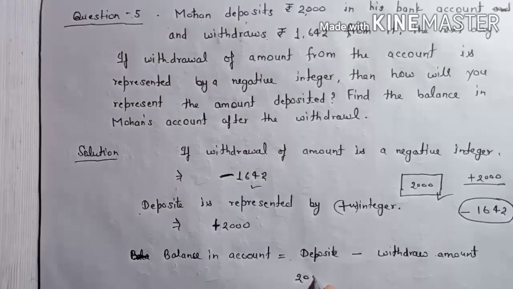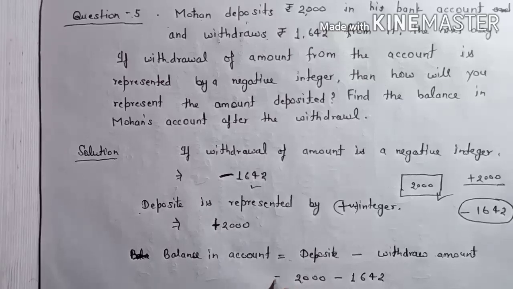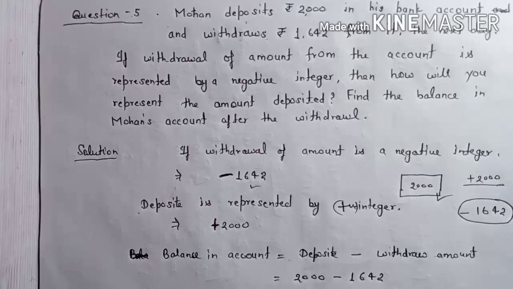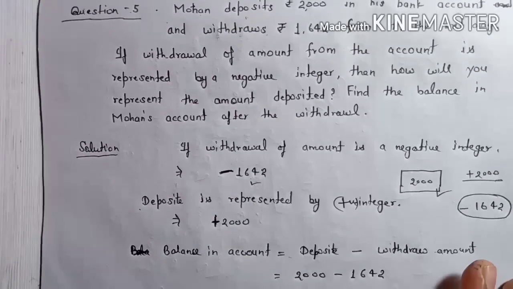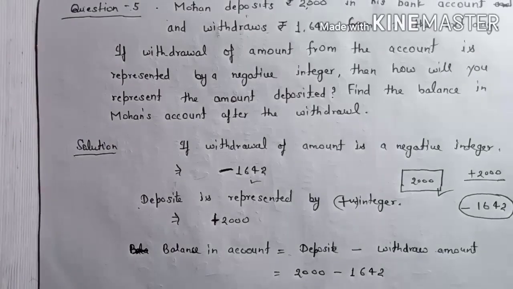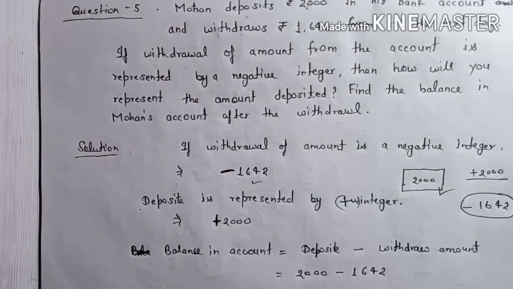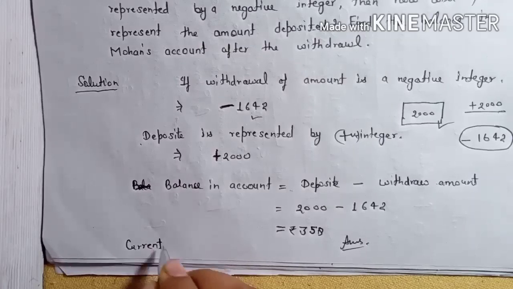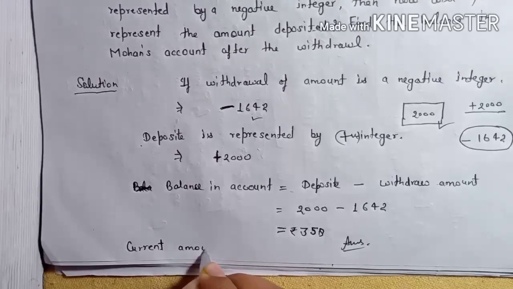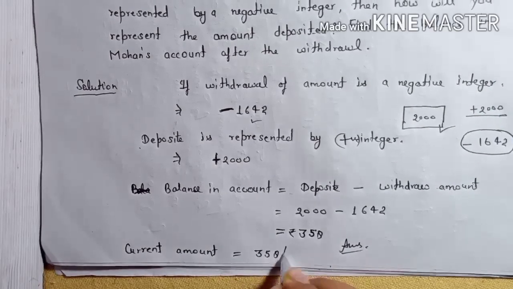Deposit is 2000 rupees and you withdraw 1642 rupees. So when you subtract 1642 from 2000, the answer is 358. This is the symbol for rupees, and this is your answer. Write that current amount is equal to 358 rupees.